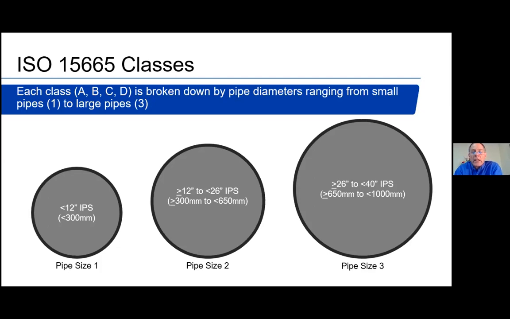And so they break it down into three sizes, size 1, 2, and 3, with size 1 being those pipes less than 300 millimeters in diameter, 2 being 300 to 650 millimeters, and 3 being 650 millimeters to 1 meter in diameter.